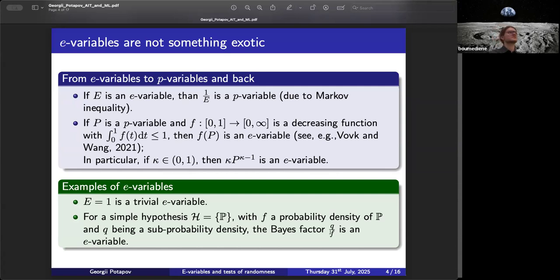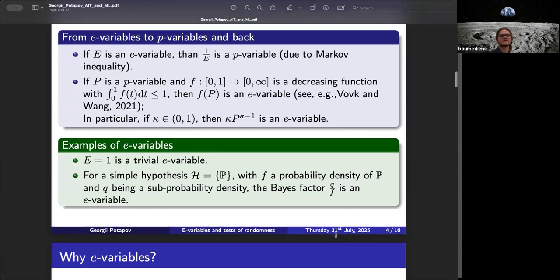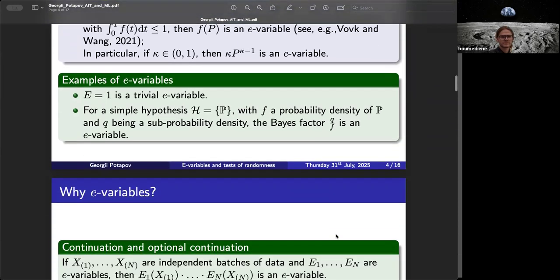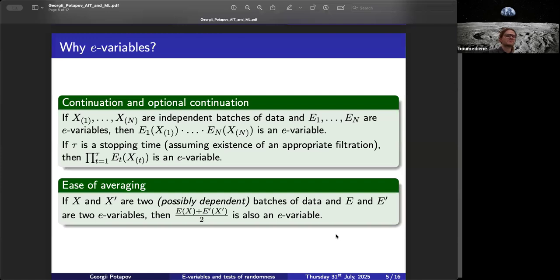Then we can simply consider the ratio q over f as an e-variable. Well, if you integrate, f will just cancel out and you will integrate q. So e-variables and p-variables are more or less interchangeable.